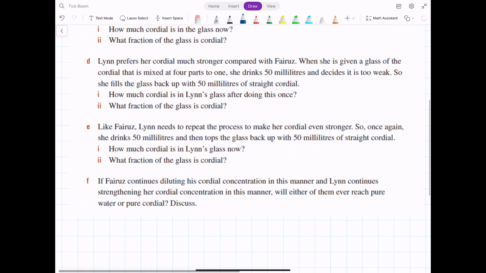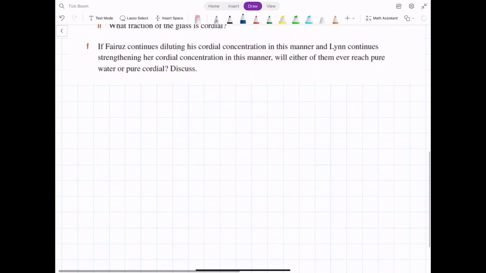So for part A, I think what could be helpful to start is if we draw up a diagram representing this glass. So let's draw up our glass.